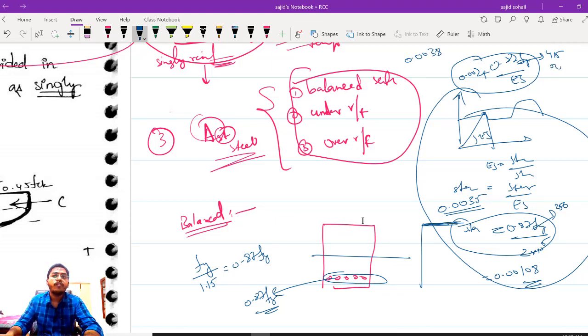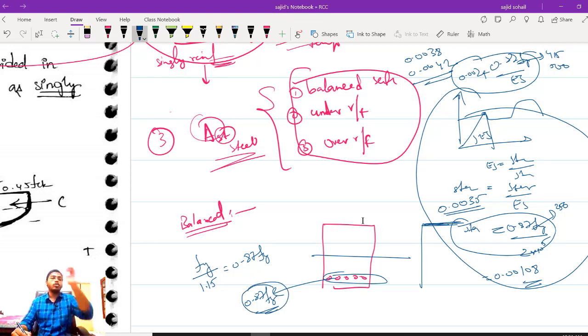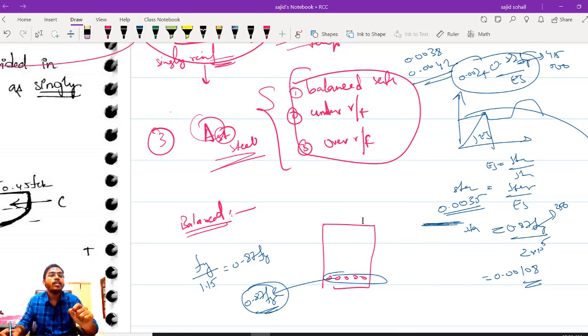And if you substitute 500 in place of Fy, you will get 0.0042 as your minimum strain which should be present to give you this much stress. 0.87 Fy corresponding stress चाहिए तो इतना strain तो रहना ही चाहिए. I hope it is very clear for you.